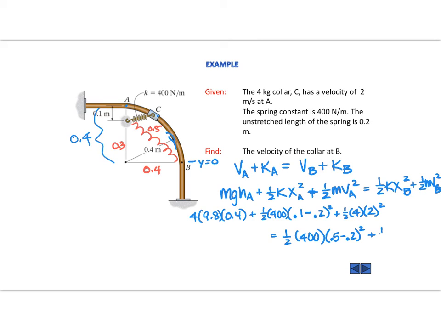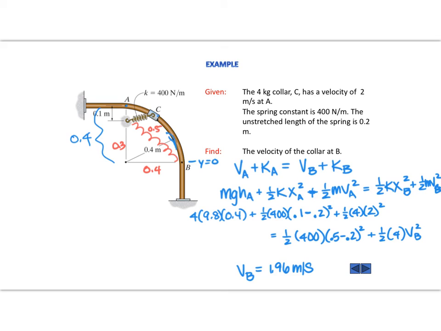And then I have its kinetic energy. And it doesn't have any gravitational potential energy at that location. So those are the numbers that I would use. And if I rearrange everything and solve for the velocity at point B, I should get 1.96 meters per second.